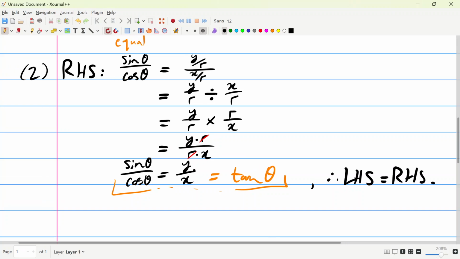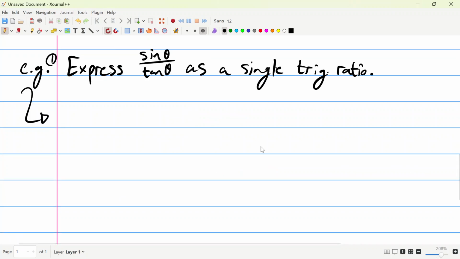Okay. So this one is a very basic one. Now let's get into actual applications of these identities, where the real stuff actually happens. So here's our first example. We need to express sine theta over tan theta as a single trig ratio, right?